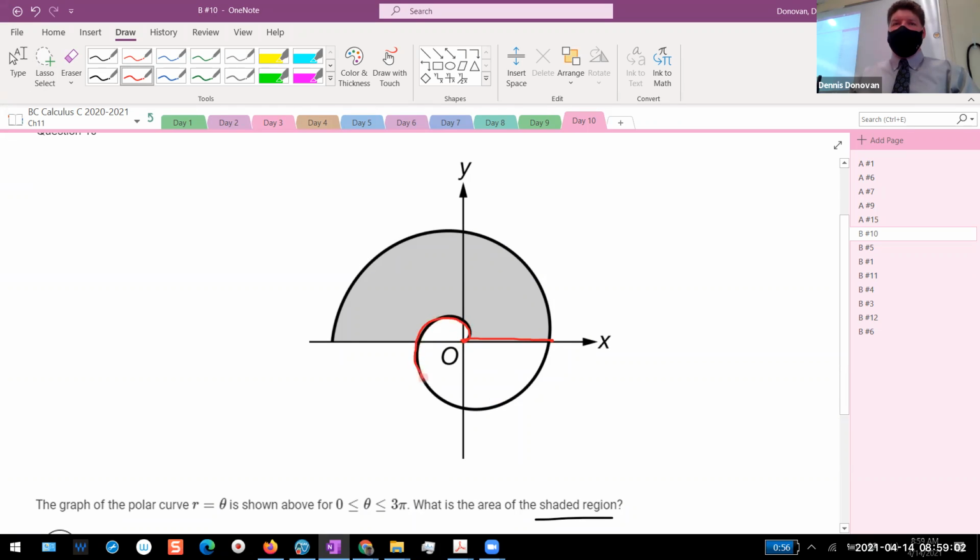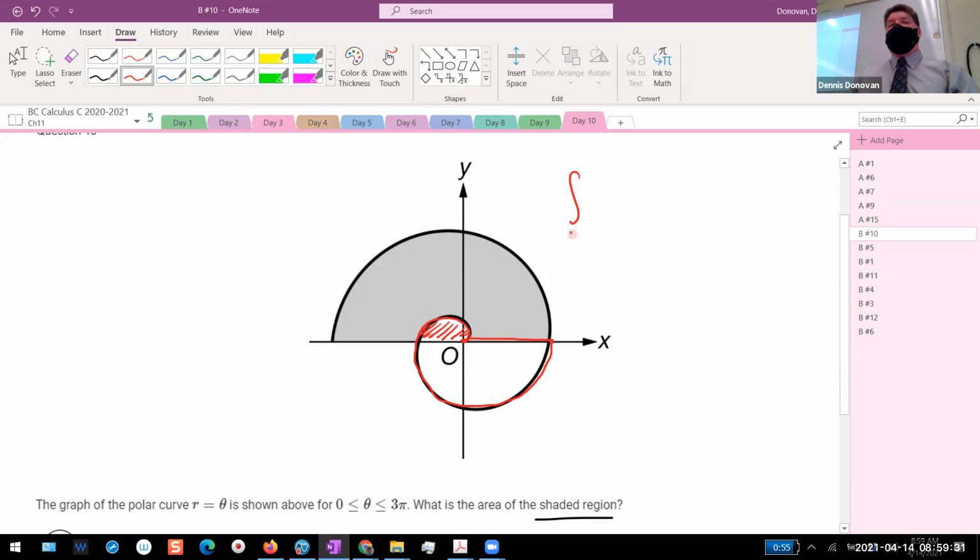So we have to actually wait till we get back to 2 pi, don't we? Right? So this shaded region is something to do with the integral from 2 pi to 3 pi, isn't it? Okay. Now the problem is it's not all of it because we have that taken out of it.